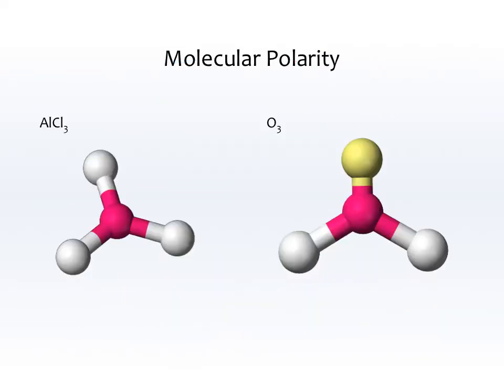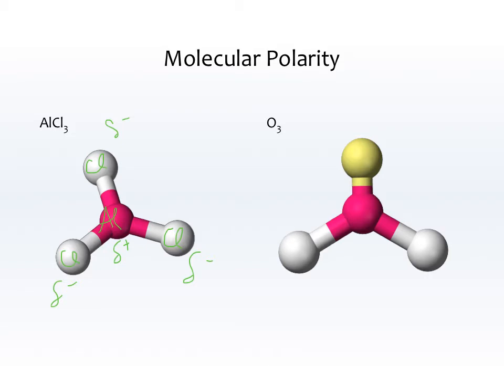We've got AlCl3. That one was trigonal planar with bond angles of 120 degrees. We know the Cl's are the outsides, and the Al's in the middle. Since chlorine is more electronegative, the chlorines are partially negative, and the aluminum is partially positive because it's less electronegative.